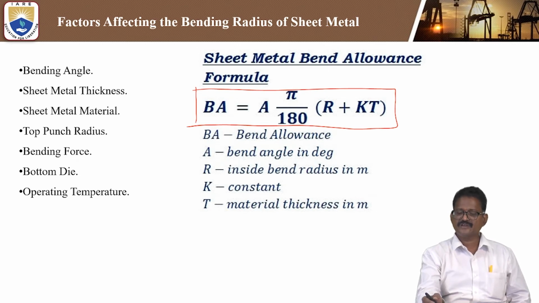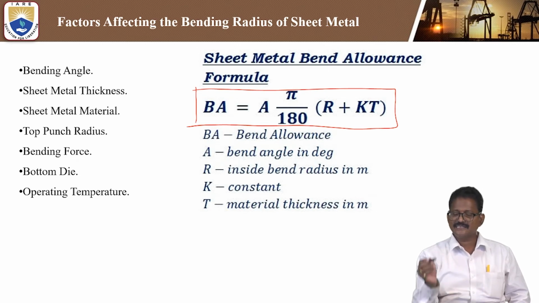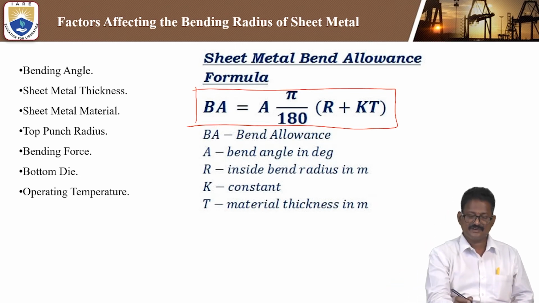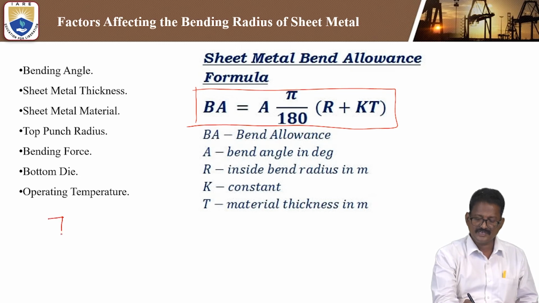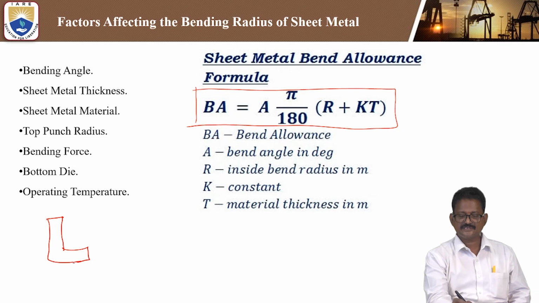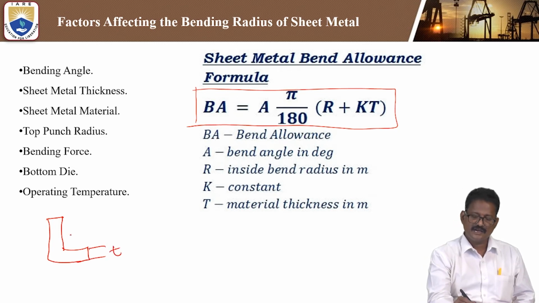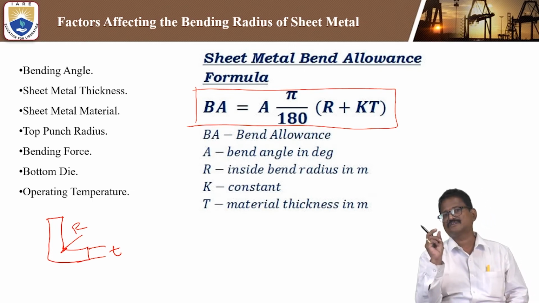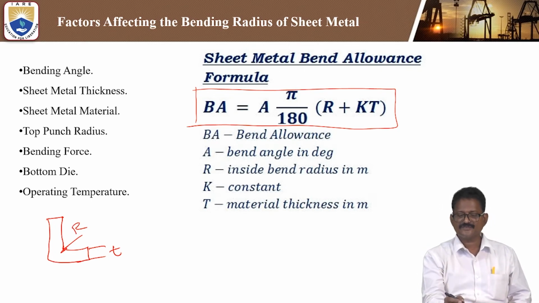R is the inside bend radius, in meter or mm, where T is the material thickness. Whatever the thickness of the material, whether L shape or channel shape, this is the thickness, this is the inner radius R, and K is the constant factor.